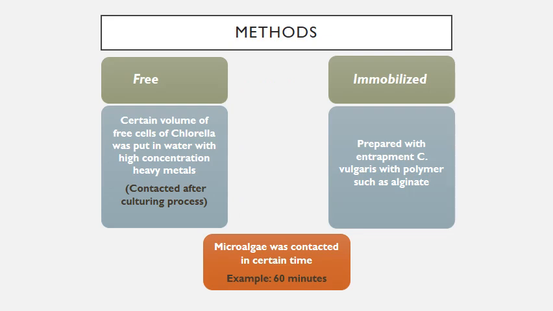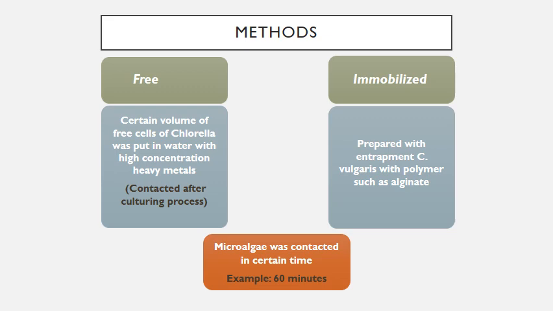First, we have two types of methods. For the free suspension method, we put a certain volume of the free cells of Chlorella in water with a high concentration of heavy metal. Before this, we need to do the culturing process. The other is the immobilized method.